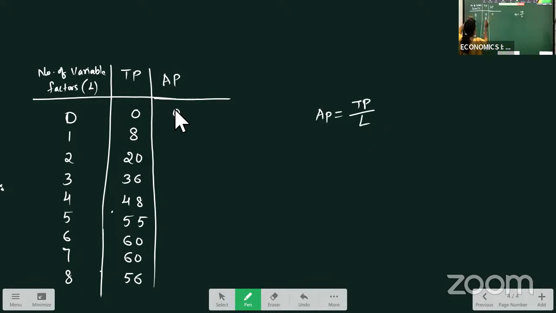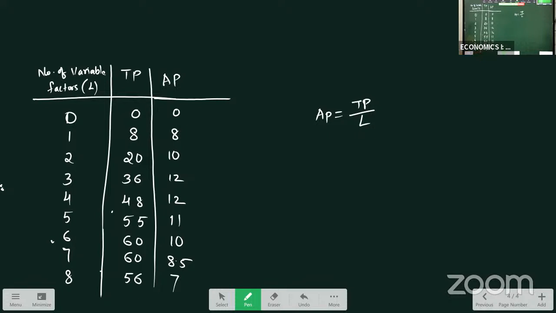It will be 0, 8 by 1, 8, 20 by 2, 10, 36 by 3, 12, 48 by 4, 12, 55 by 5, 11, 60 by 6, 10, 60 by 7, it is around 8.5, 56 by 8, it is 7.